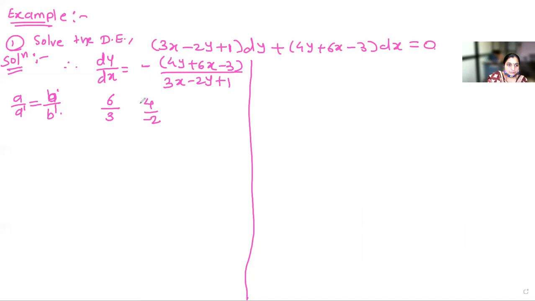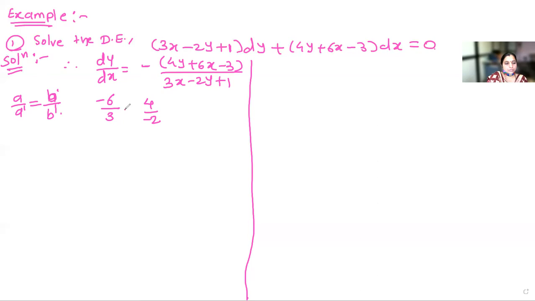So a is minus 6, and here minus 6 upon 3, and 4 upon minus 2. So what type of non-homogeneous differential equation is this? The type where the ratios are the same.